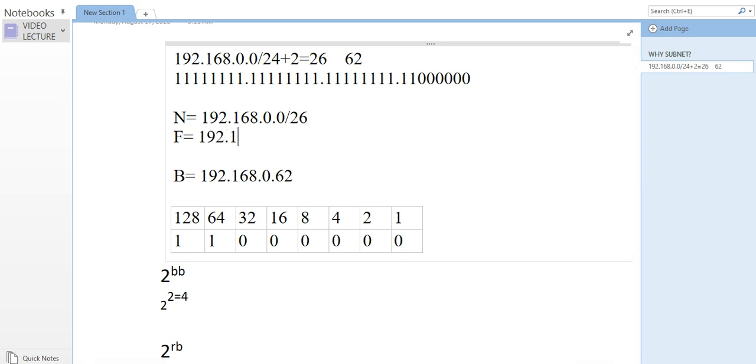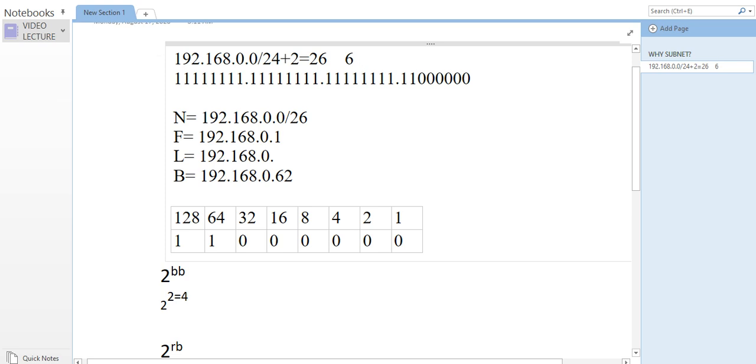Now the next one is the first valid IP address, 192.168.0.1. The last valid IP address would be 192.168.0. Oh, sorry. I made a mistake from here.